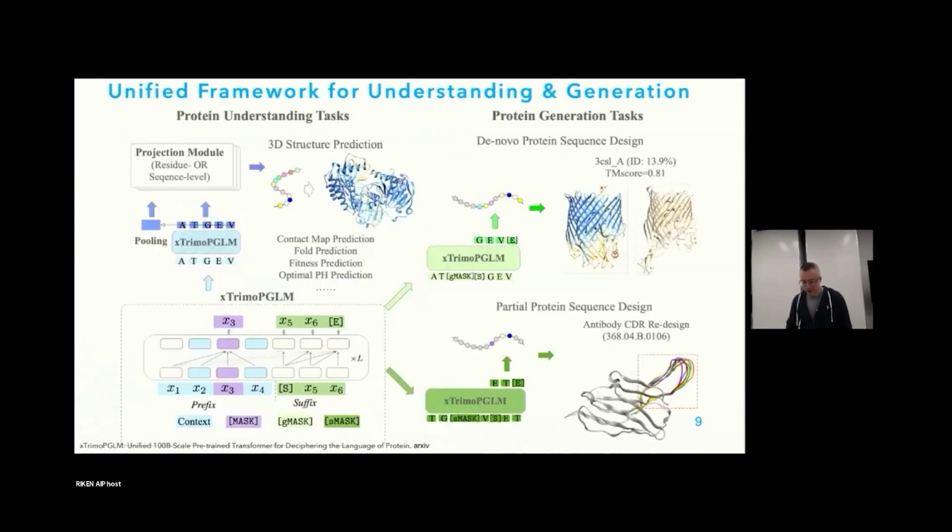So essentially, you can think about this pre-trained language model as able to support quite a variety of tasks on top, including the generative model and the understanding tasks I just mentioned. You take the input sequence and then you get embedding. You can perform pooling of all the embeddings to build some classification or regression model about an entire sequence.